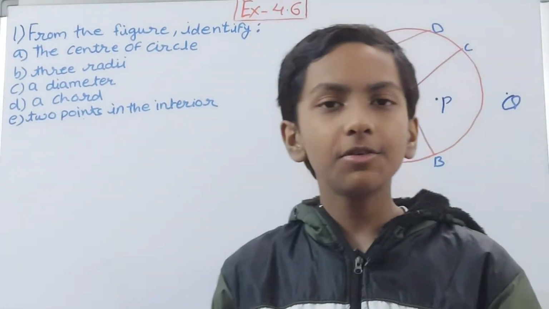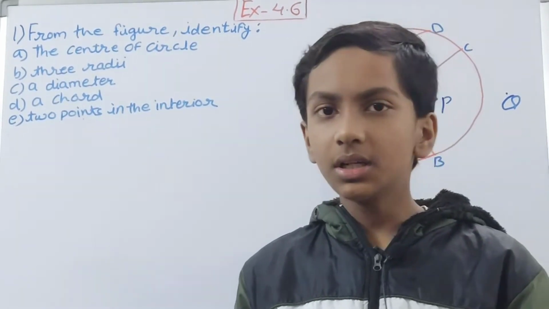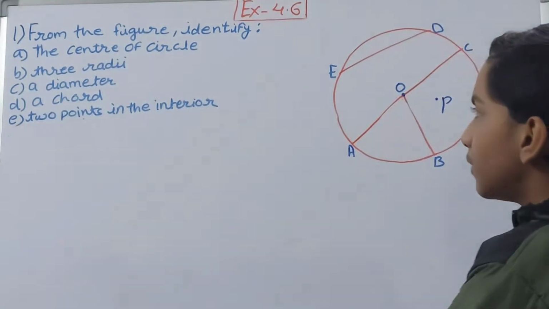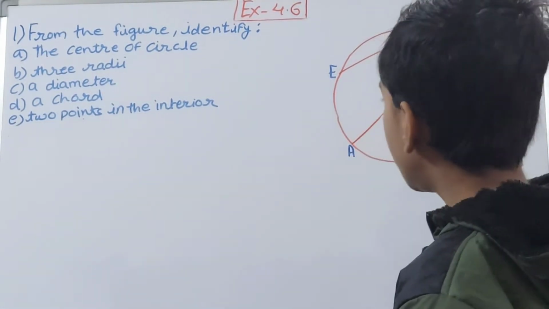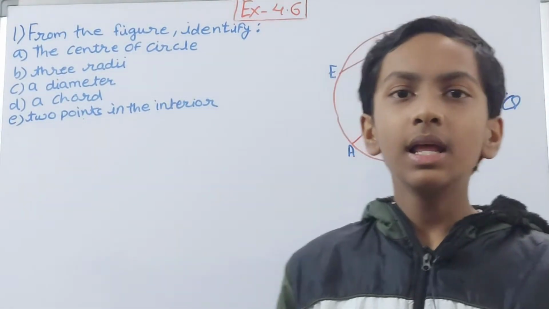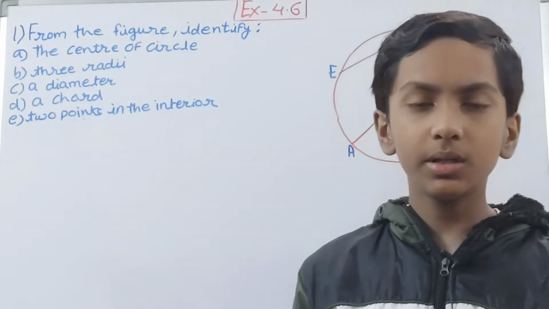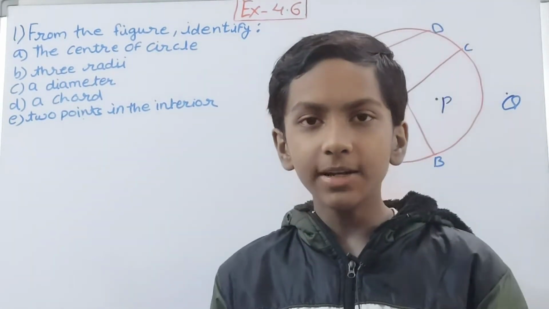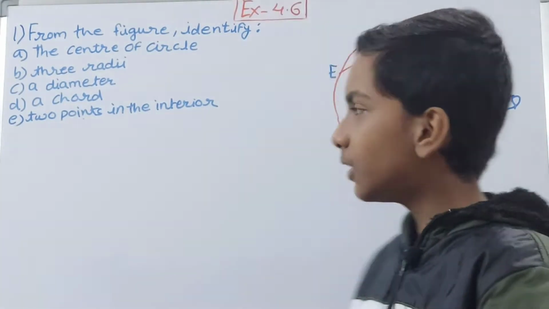So in this figure we will basically study different parts of a circle, like you have already seen some here: center, radii, diameter, chord, etc. Now, first is the center of the circle. By the name only, you must have got the idea. The center of the circle is the point which is in the center of your circle.